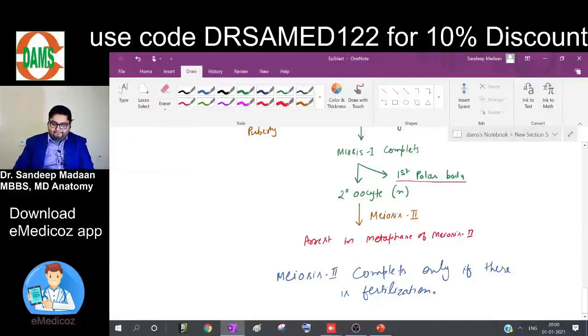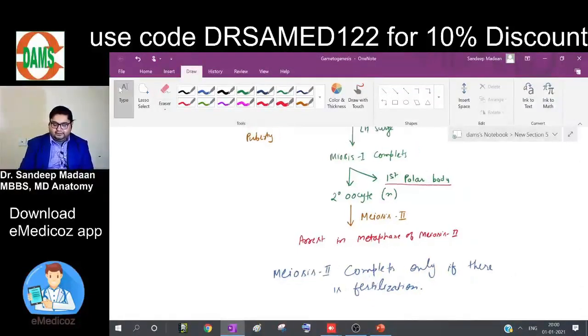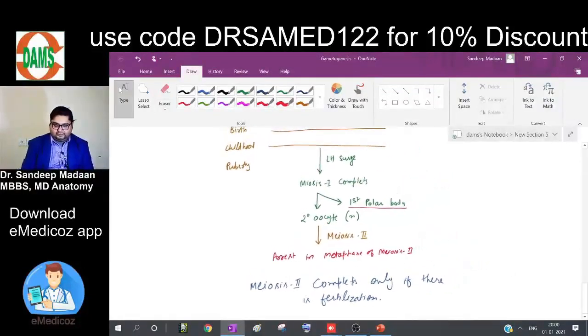Yes? And then there will be release of the second polar body. All right? This step is clear. The oogenesis. Yes? Now let me show you how it is happening in the female.